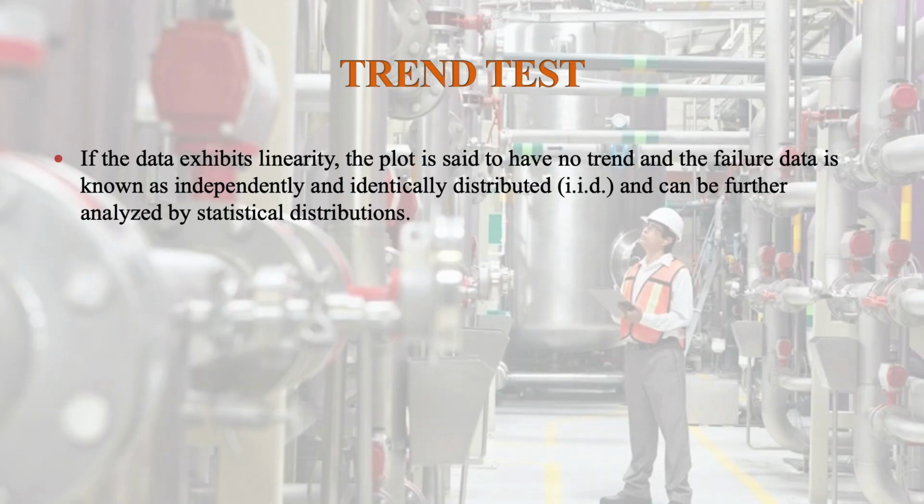So by conducting a trend test we can find out the machine's health condition. If the data exhibits linearity, the plot is said to have no trend, and the failure data is known as independently and identically distributed and can be further analyzed by statistical distributions.